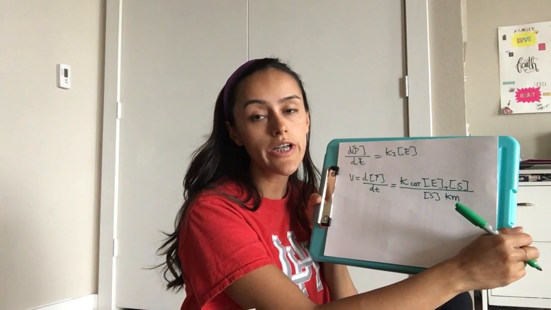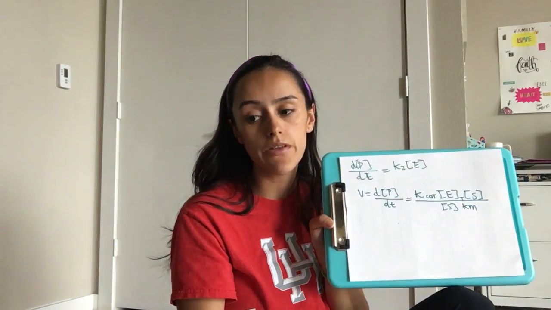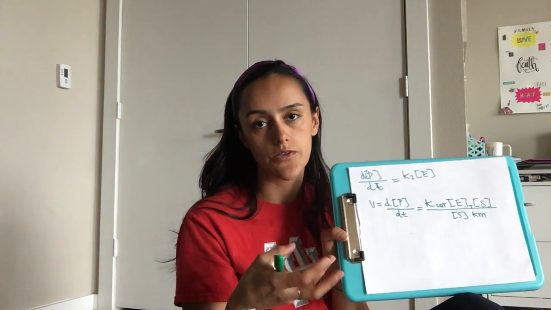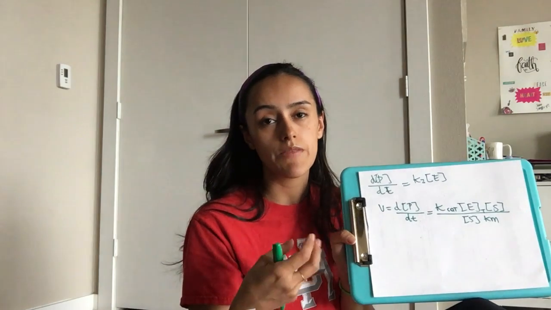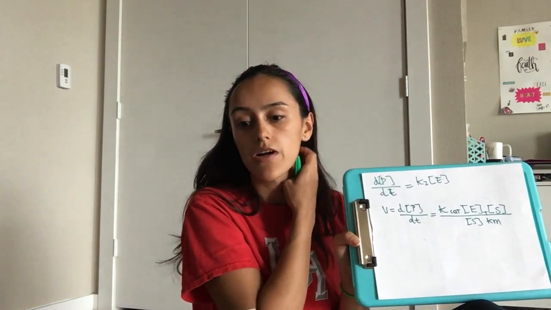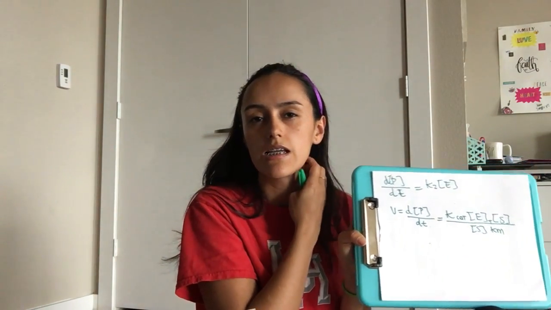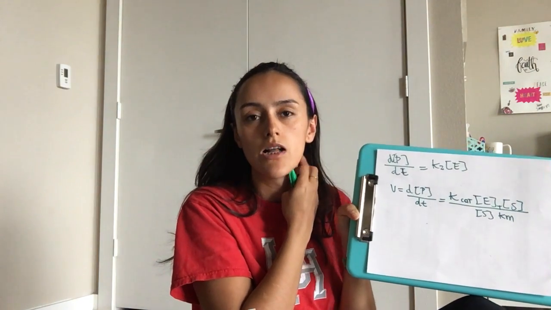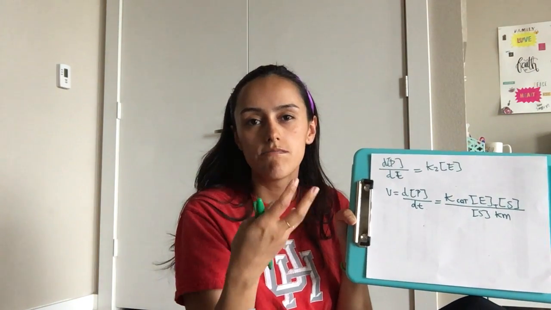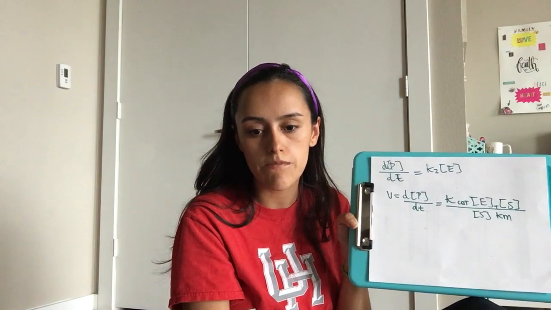The turnover number is the maximum number of molecules of a substrate that an enzyme can convert to product. So basically it is how much one molecule can work per second.